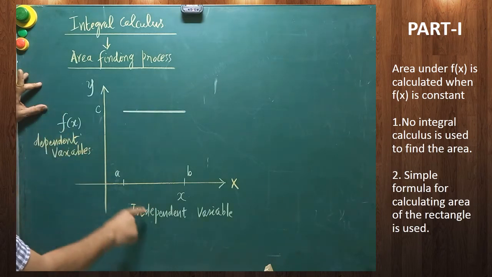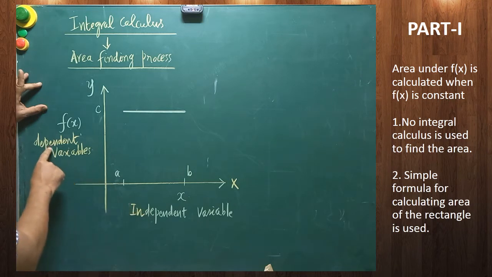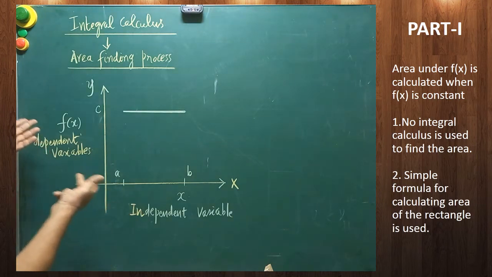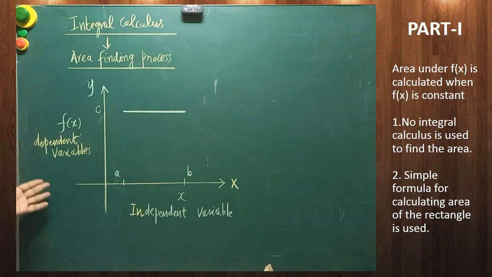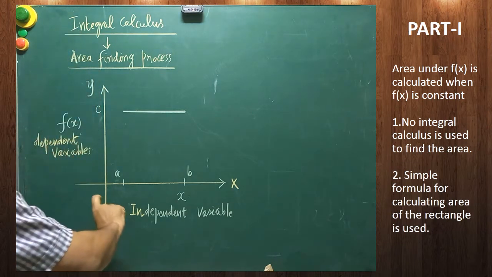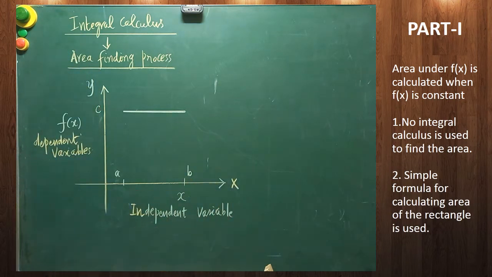Since force depends on the displacement, force is called the dependent variable. I have told force as the dependent variable and displacement as the independent variable just as an example. To calculate any parameter, you can choose any two different quantities as dependent and independent variables. The dependent variable should be taken along the y-axis, and the independent variable along the x-axis. This is a fundamental thing that you have to follow.